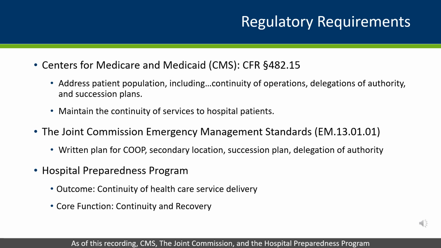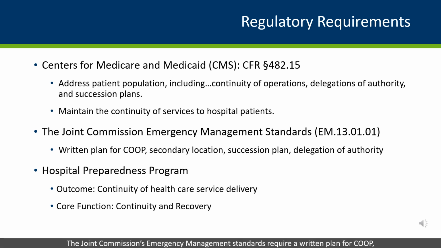As of this recording, CMS, the Joint Commission, and the Hospital Preparedness Program have requirements for COOP planning. CMS requires that participating organizations address patient population, including continuity of operations, delegation of authority, and succession plans. Additionally, CMS requires participating organizations to maintain the continuity of services to hospital patients.